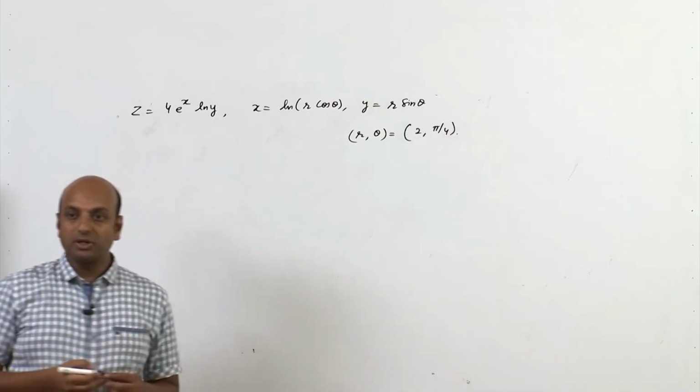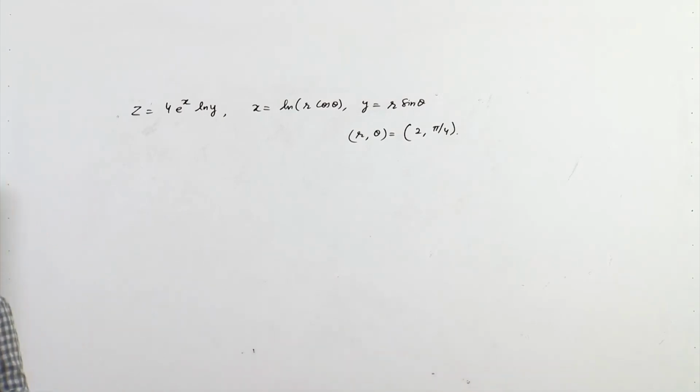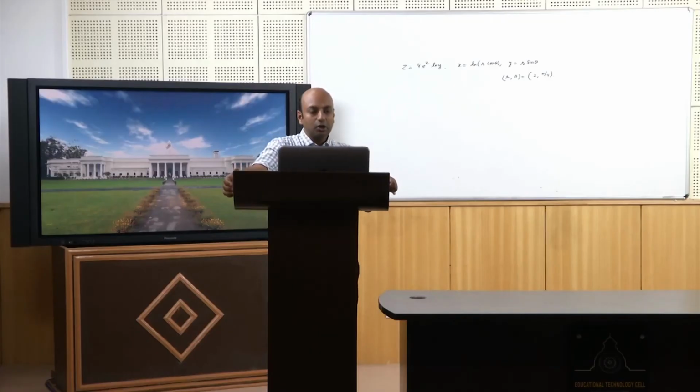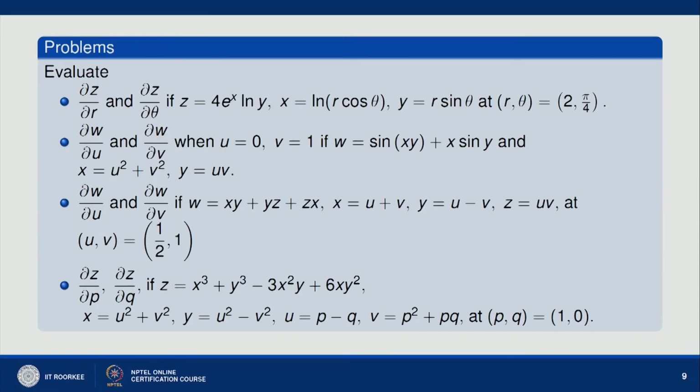Okay. So, in the first problem we have to find del z by del r or del z by del theta at 2 comma pi by 4.